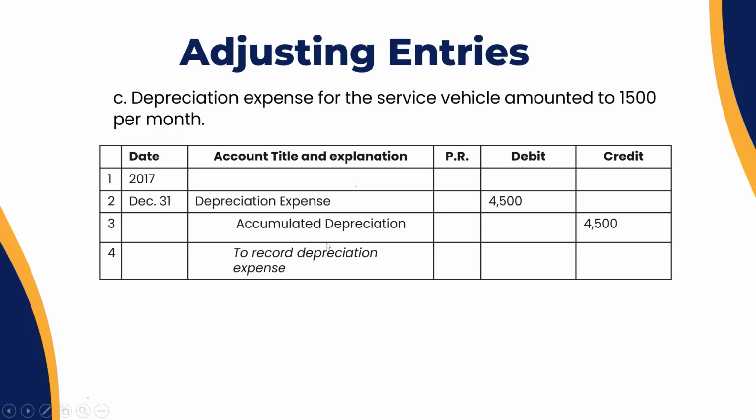Kumbaga, papalapit siya ng papalapit dun sa value nung kotse or ng property until maging zero or until sabihin mo, pagdating niya ng worth 50,000 pesos, ayan, fully depreciated na siya, etc. So, that's how you record depreciation expense. Ito yung journal entry. You debit depreciation expense 4,500 and credit accumulated depreciation 4,500.